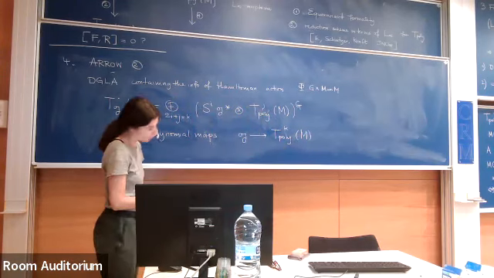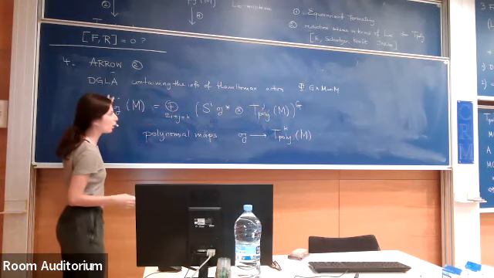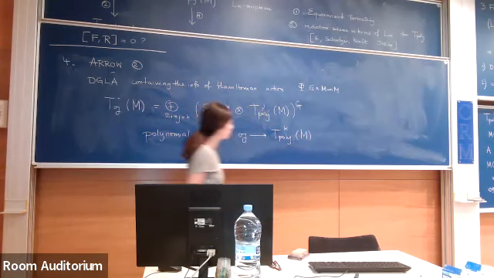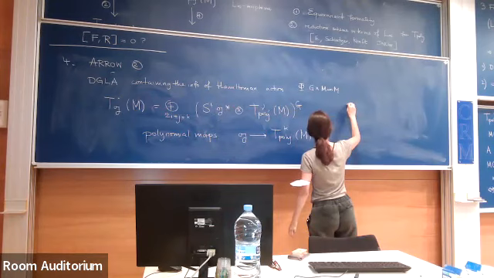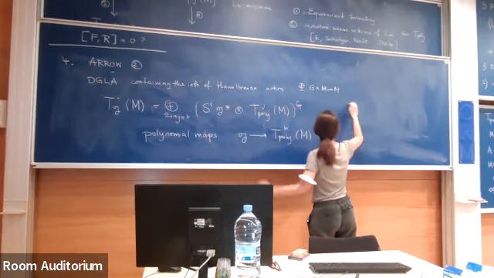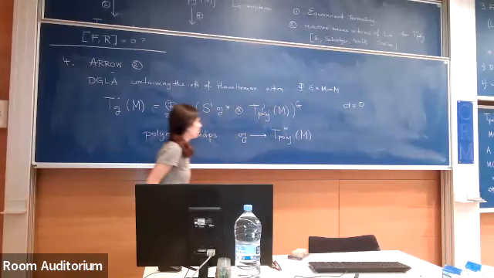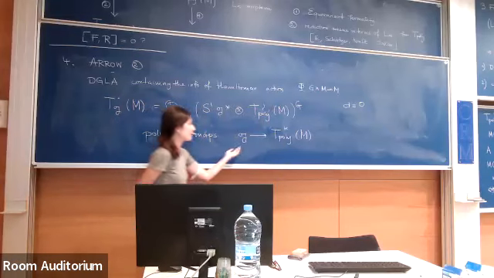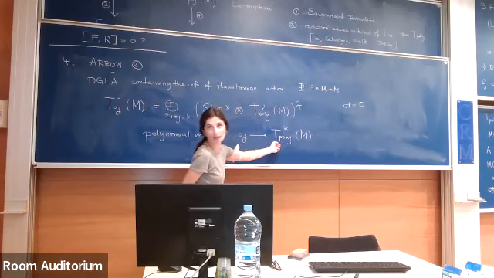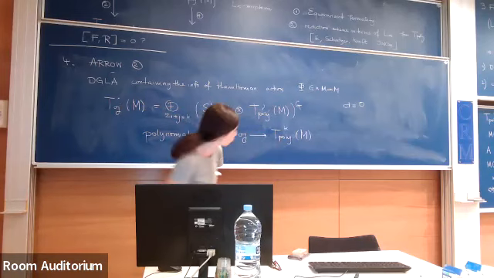And this is good because, of course, this is now a DGLA, but very similar to the one we started with, T-poly. So the differential is still 0. The bracket is essentially given by the bracket we had, because I just have to evaluate.